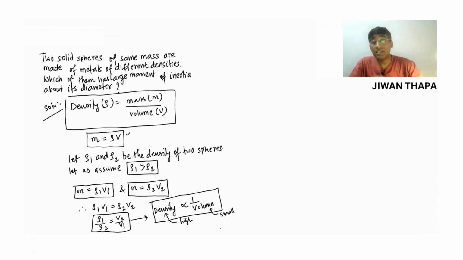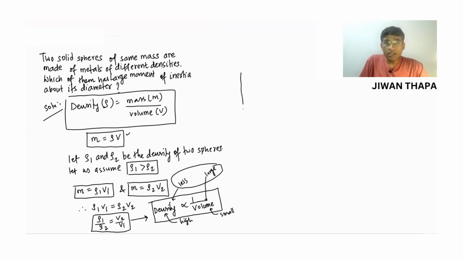And if density is less, then the volume is large. So we find this. Now, let us make a diagram using this condition, rho 1 greater than rho 2.